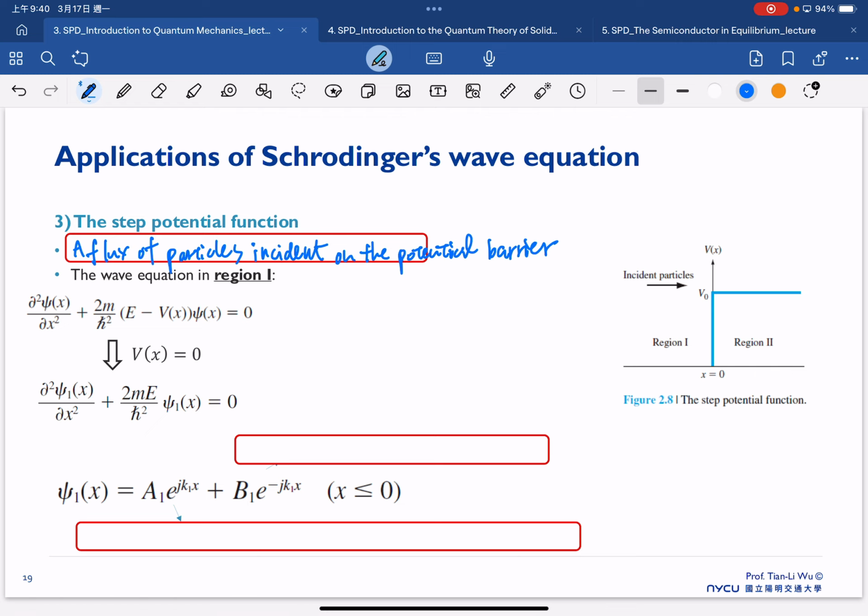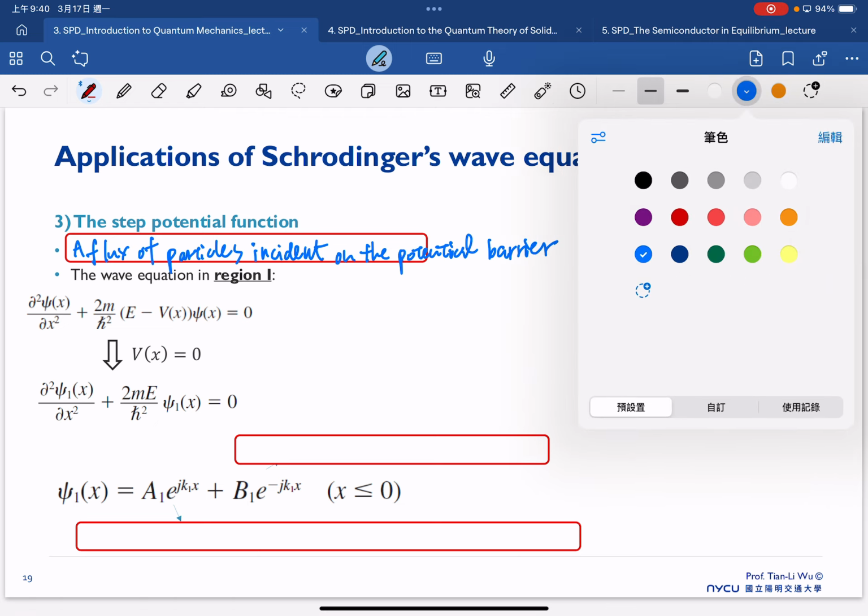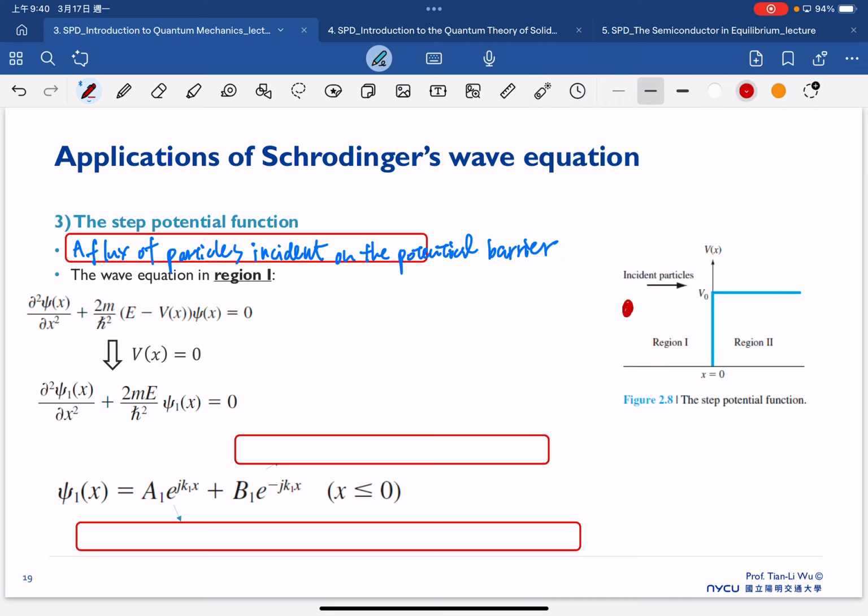Which means that now there's, for example, a carrier trying to move to the right, and therefore we can divide this into two regions. One is region 1, which is very similar to free space, and then region 2, a finite potential barrier with potential V0 here.